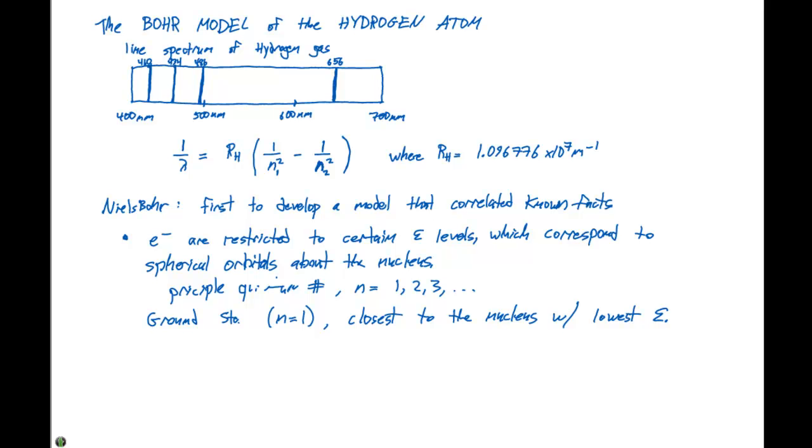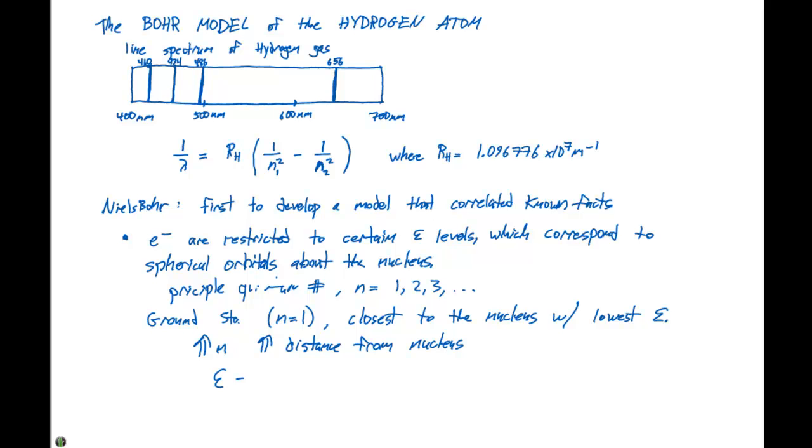Okay, so as we increase n, we are going to increase the distance from the nucleus. And as we increase the distance to the nucleus, we're going to increase the energy.